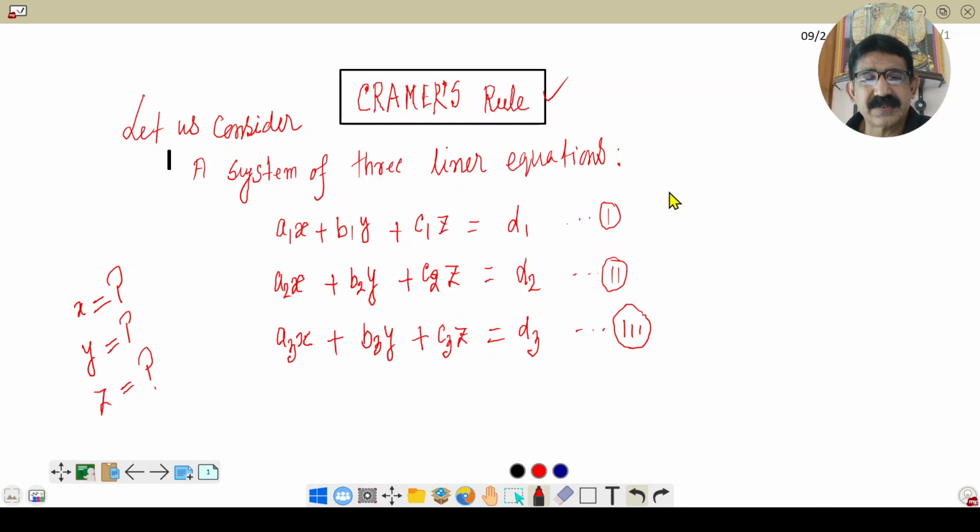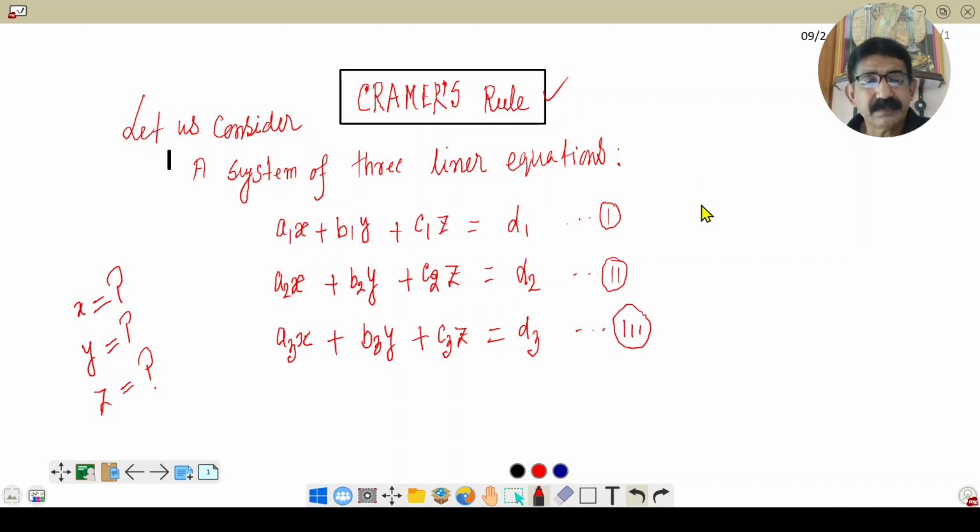And before discussing KCL and KVL given by Kirchhoff, we have to go through Cramer's rule, and this rule will help you to solve the problems of higher order excellently.